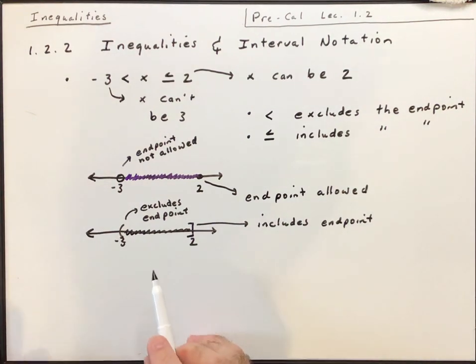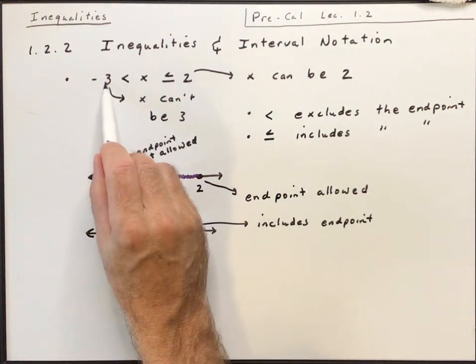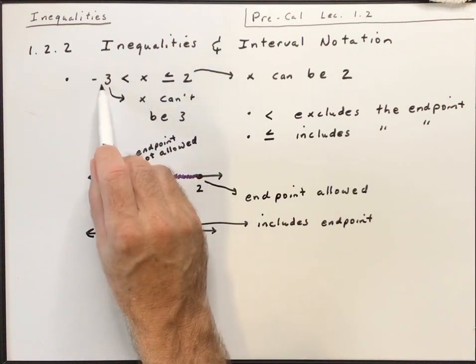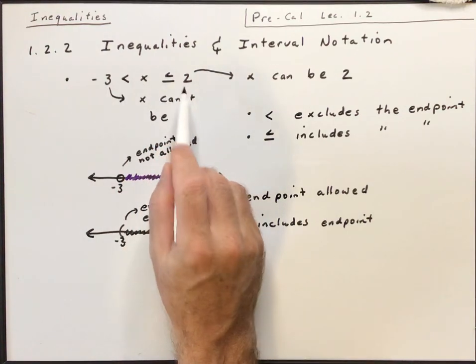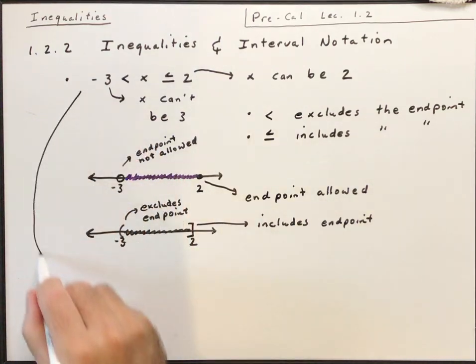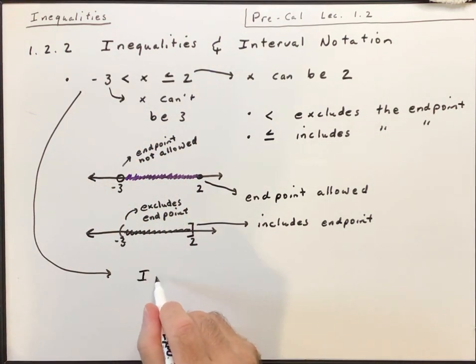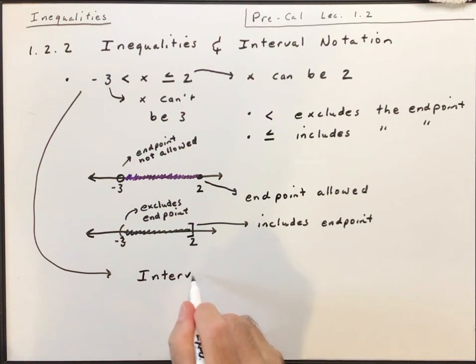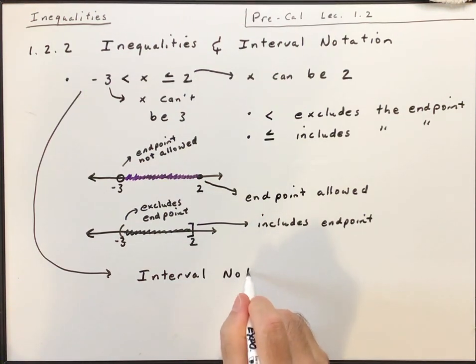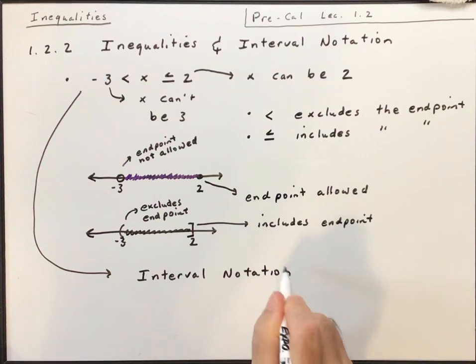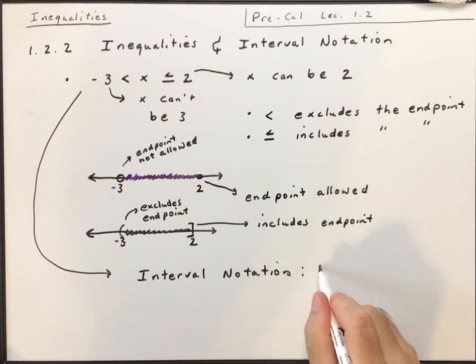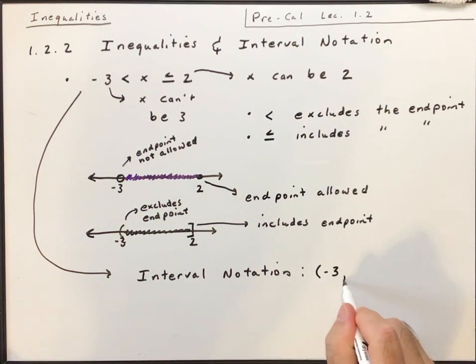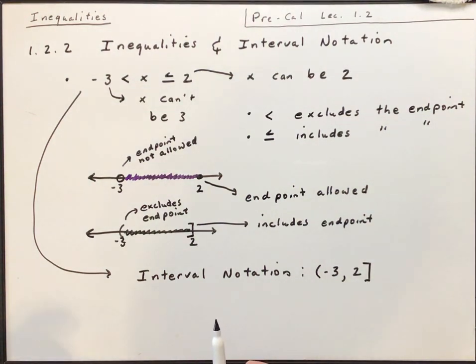So the interval notation that you would see for this inequality, negative 3 less than x less than or equal to 2, is going to be an open parenthesis next to the negative 3 and a bracket next to the 2. So that's a little faster way to write it than writing the inequality.